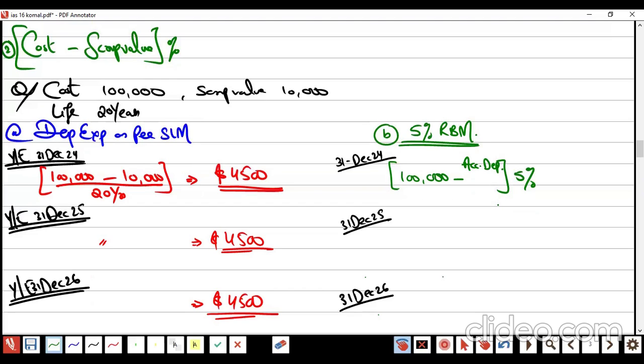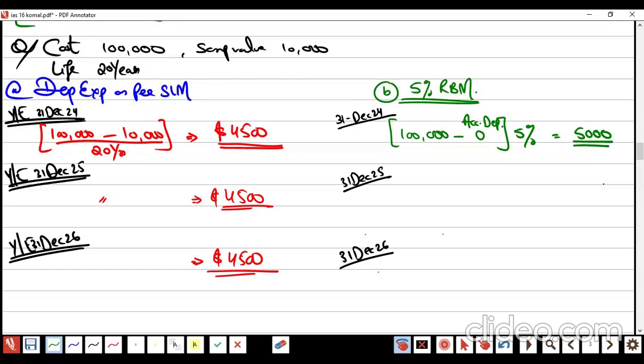Very nice. The total of previous depreciation, adding them all up, is known as accumulated depreciation. This is the first year, the first year of the life of the asset. So accumulated is 0. Am I right? Answer is 5,000.